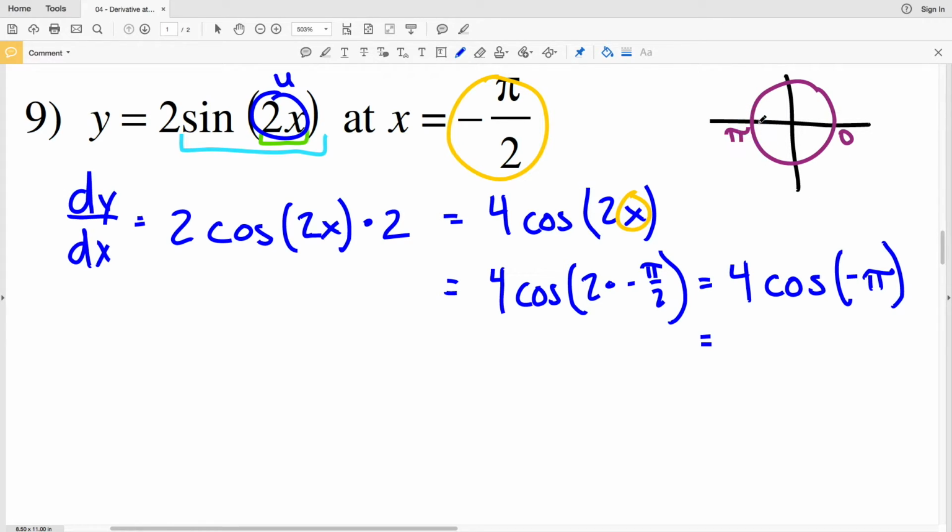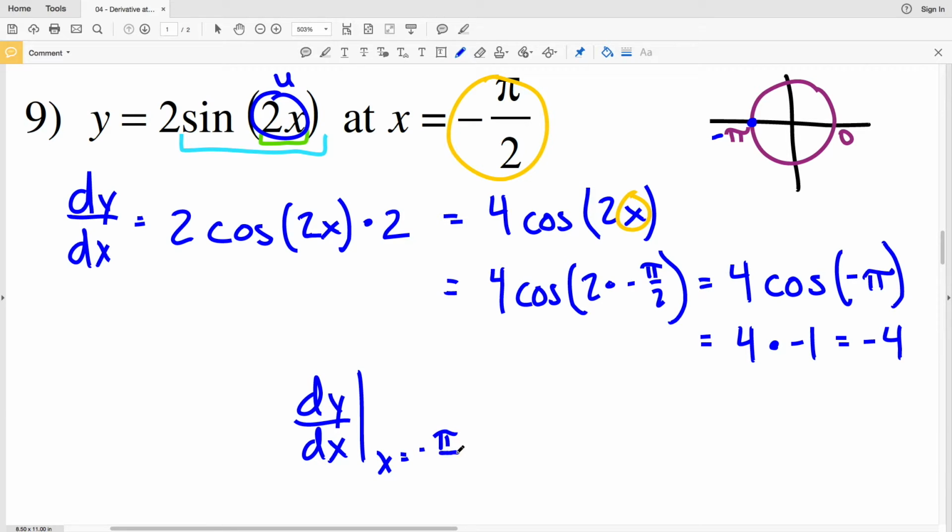And the cosine is that x value at negative pi, which is a negative 1. So we'll have 4 times negative 1, which equals a negative 4. So the derivative of y with respect to x at x equals negative pi over 2 is equivalent to negative 4.